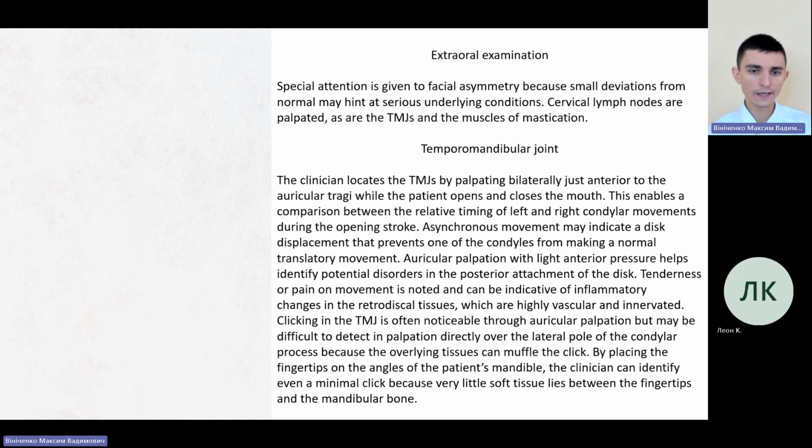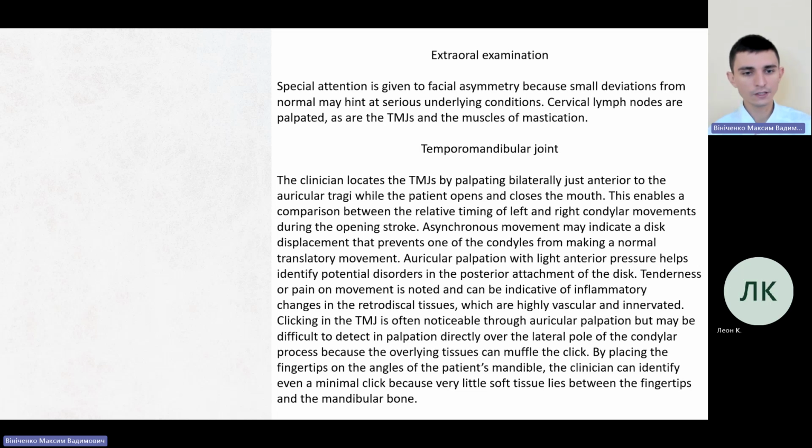highly vascular and innervated. Clicking in the TMJ is often noticeable through auricular palpation, but may be difficult to detect in palpation directly over the lateral pole of the condylar process because the overlying tissues can muffle the click.